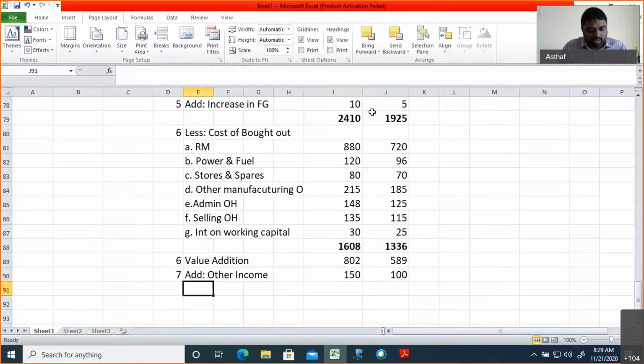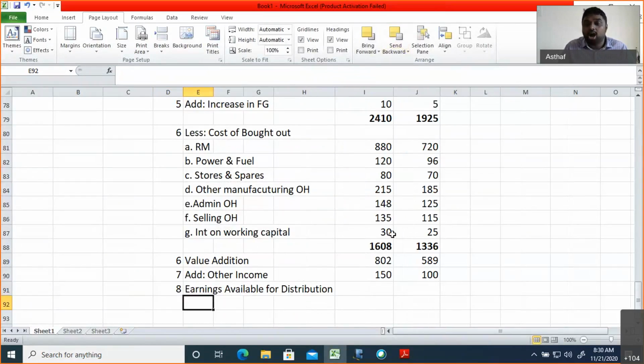So this is what is called earnings available for distribution. So what is the earnings available for distribution? 952 and 60. Copy fast. Any doubt, please ask.